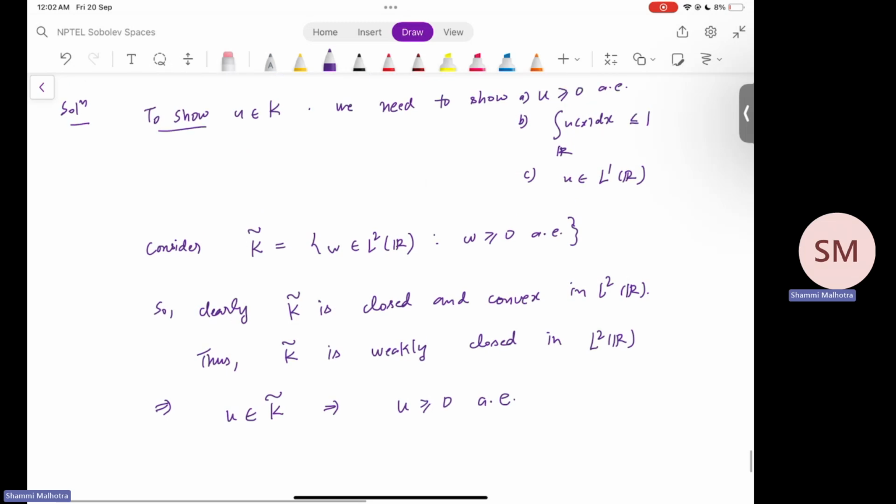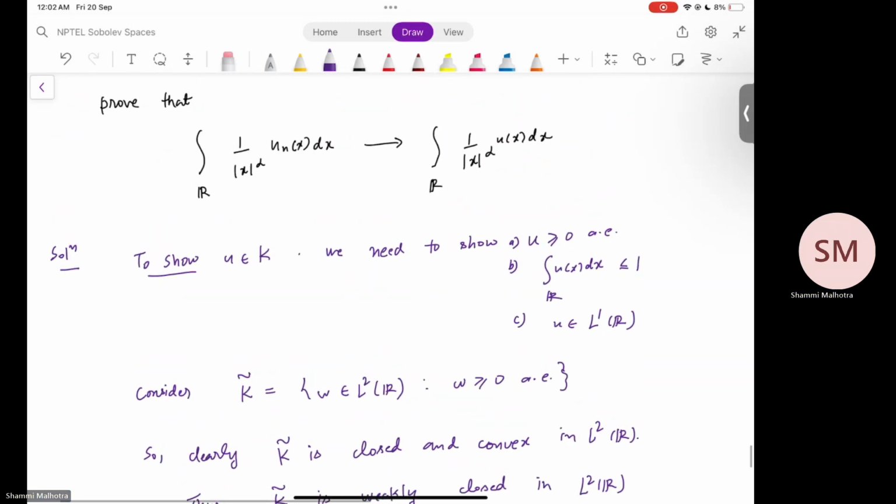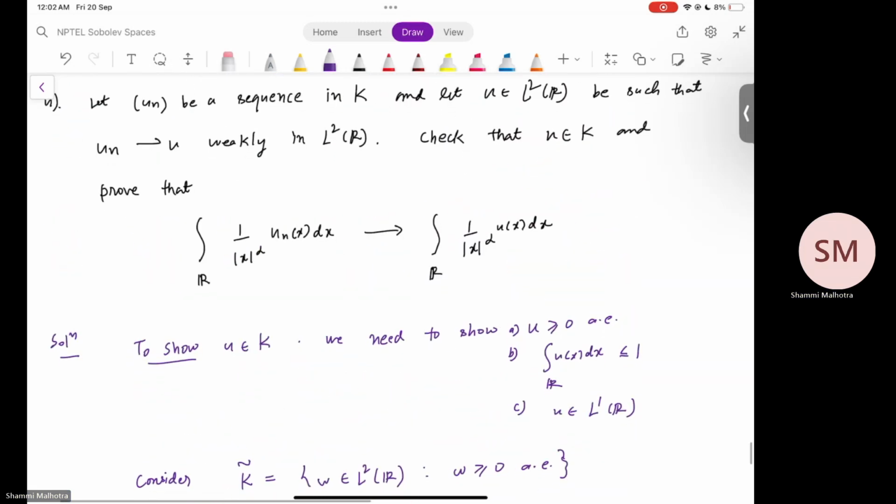So once we have this, part A is done. So next we are interested in showing that the integral of u has to be less than or equal to 1.